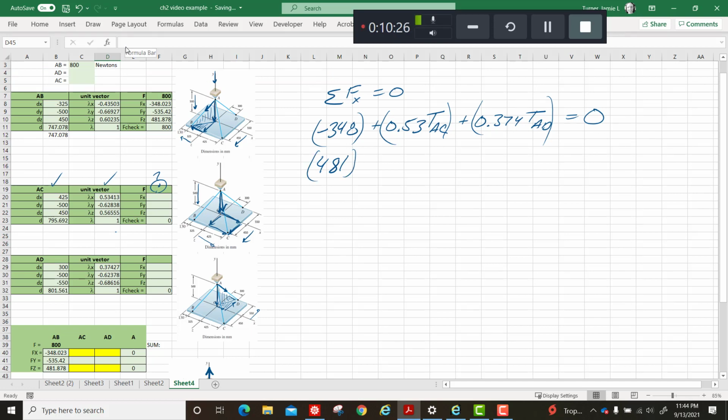And then for AC, I'm going to have this 0.56. So forward, backwards. So AD is going to have to fight both of these guys.